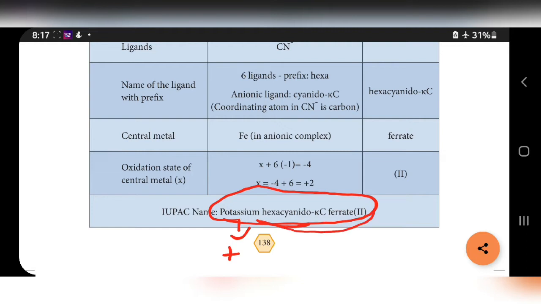This is for the cation; hexacyanido is for the negative part. In this negative complex, the ligand comes first and then the central metal ion.